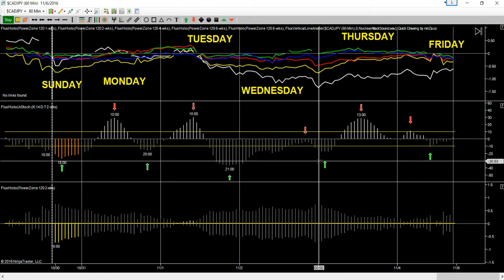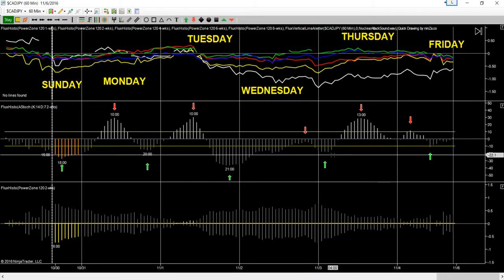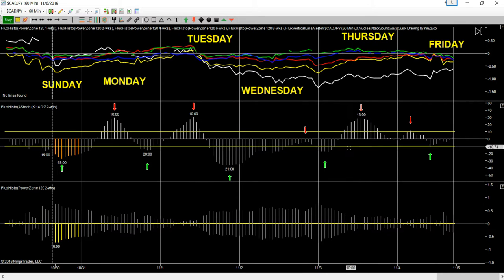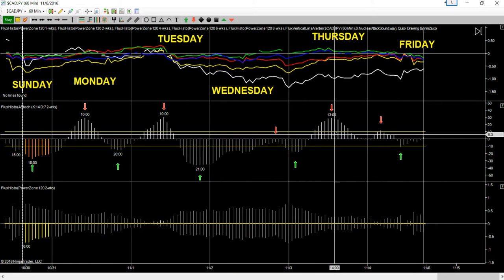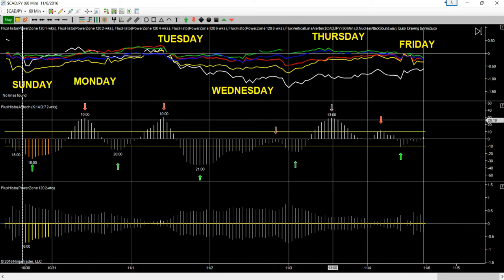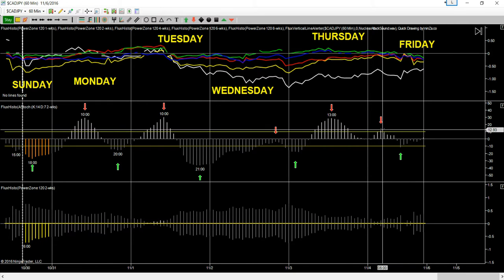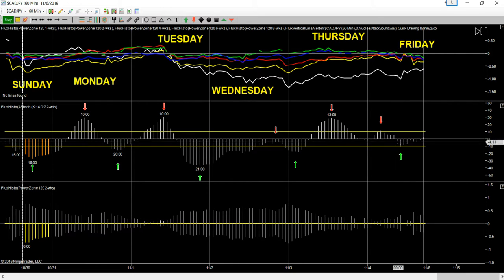Probably even 12 a.m. might be the best move on this pair, up till 1300, which is 1 p.m. And then we're looking for a down move from there, not crossing zero, and then some sort of an up move on Friday, and then down.